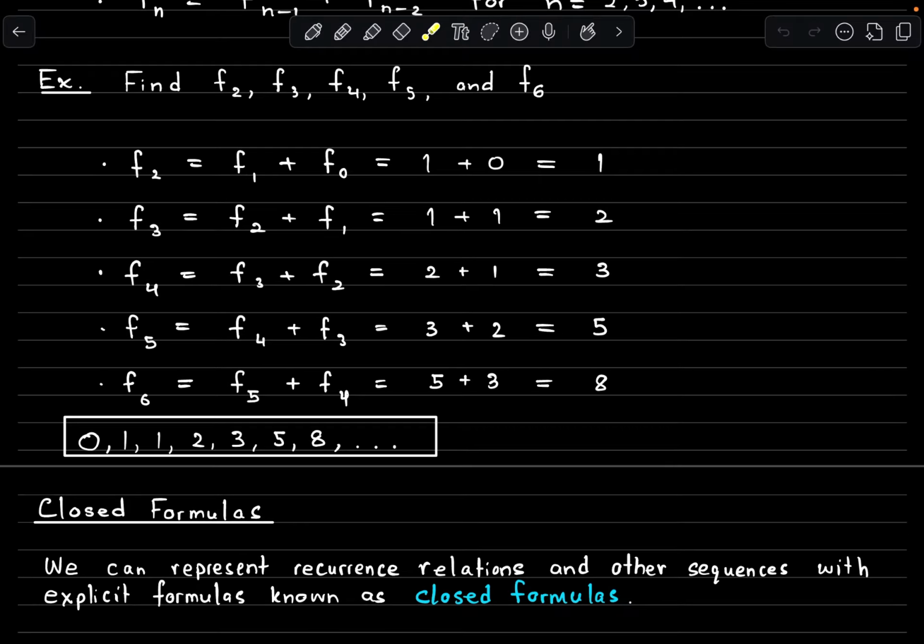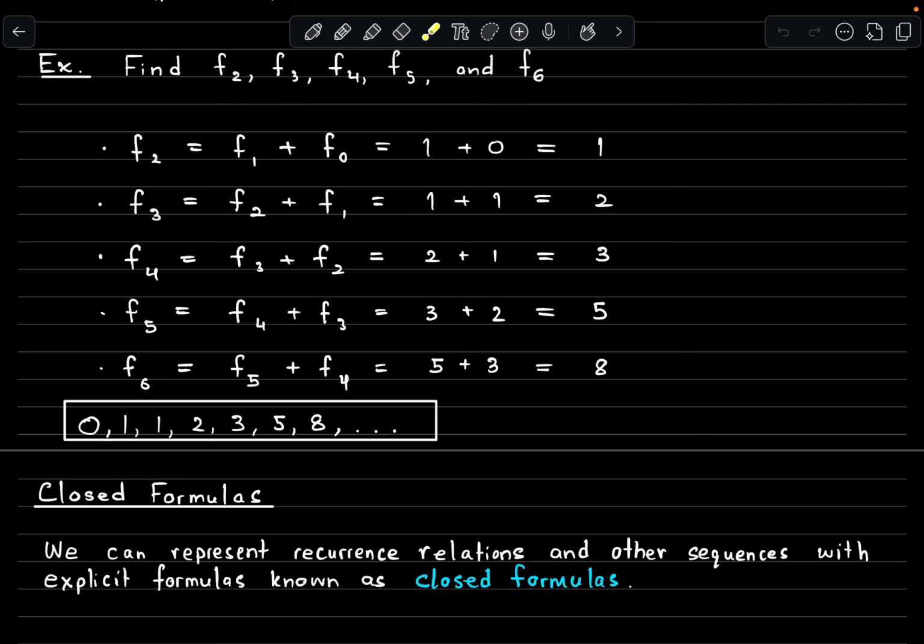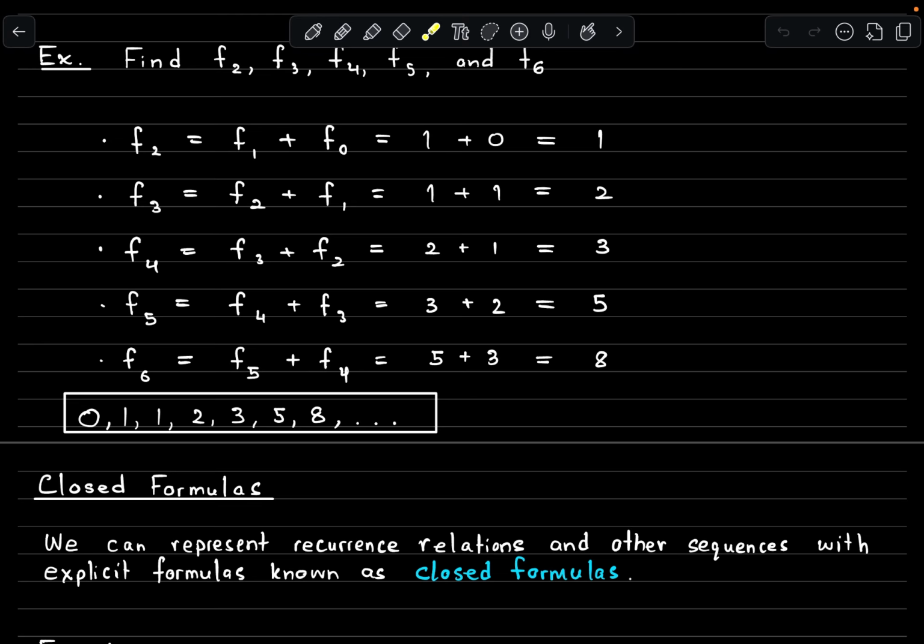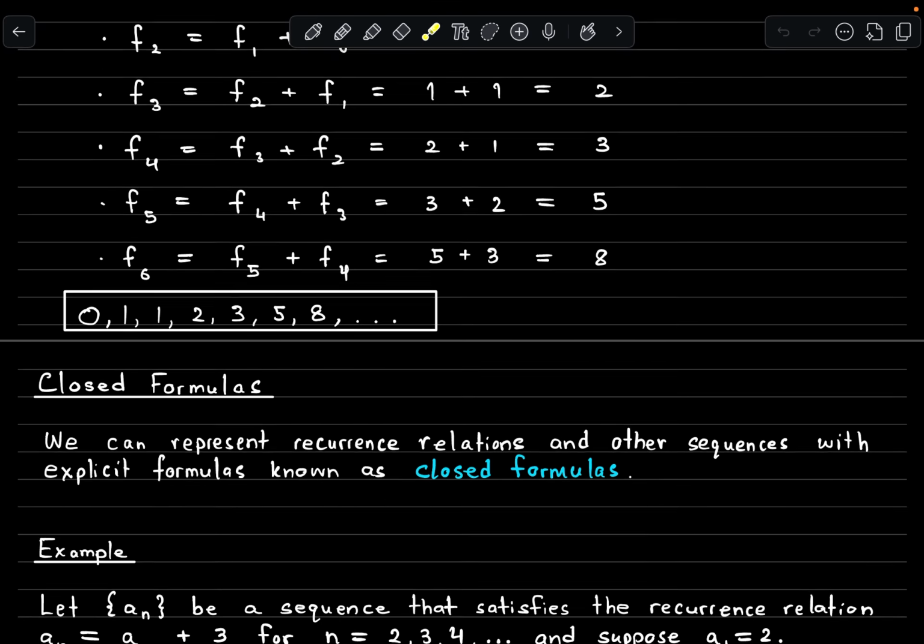What if I want to know what a sub 4000 is and I don't know what the previous term a sub 3999 is, right? How can I do this? Well, I can use closed formulas, okay?